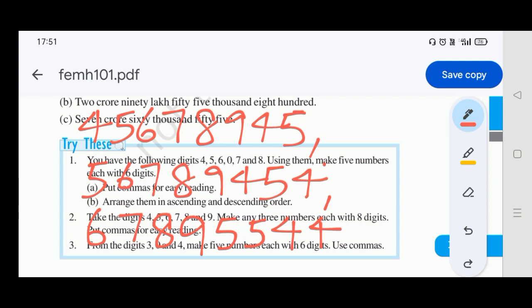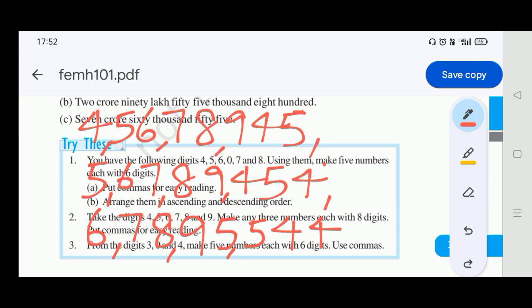Before reading, I'm inserting commas. It is 4 crore 56,007... it is 4 crore 56 lakhs 78,945.